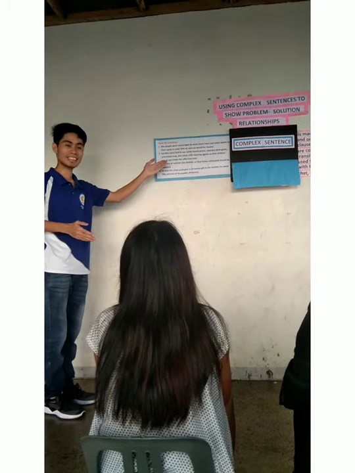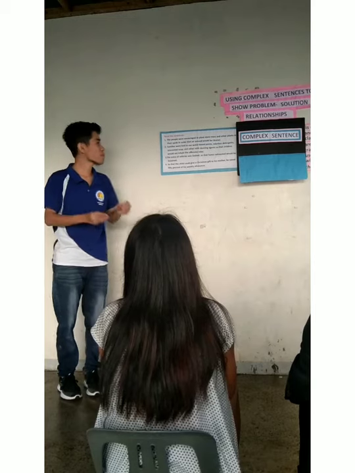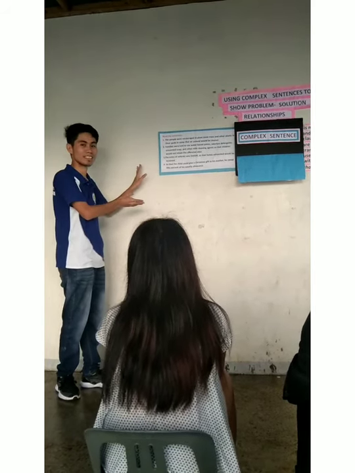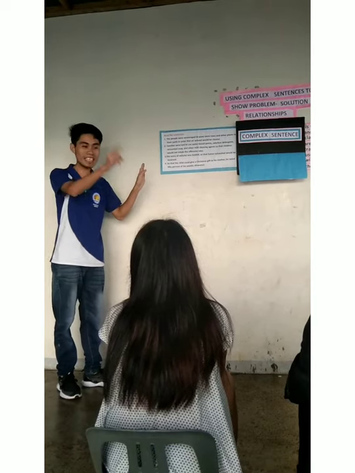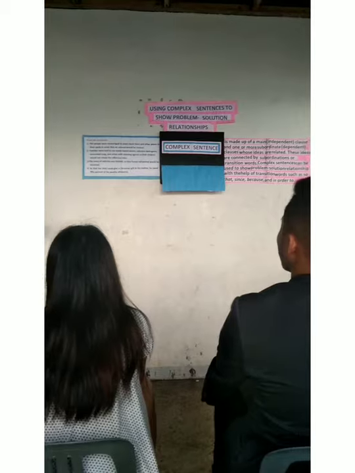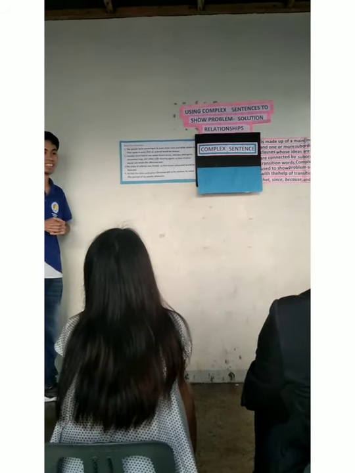This type of sentence is a complex sentence. Now, what makes this sentence a complex sentence? Anyone? What about these people in front? What about you, Mr. Puspus? What makes this sentence a complex sentence?